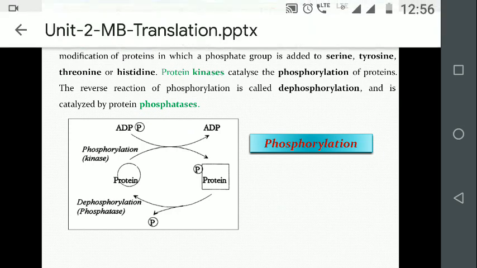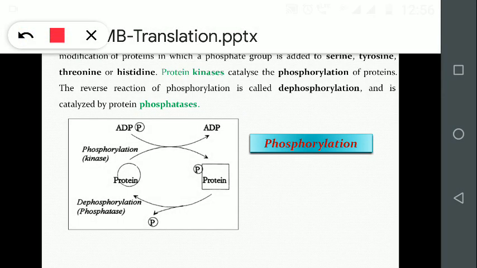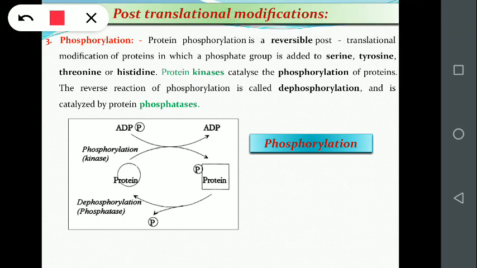Suppose we take the example of glycogen phosphorylase enzyme. Glycogen phosphorylase will cut glucose molecules from the glycogen. When glycogen phosphorylase is in phosphorylated form, it is in the active form.